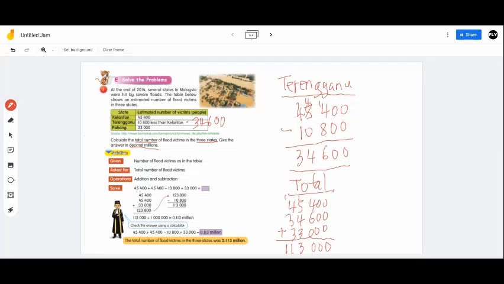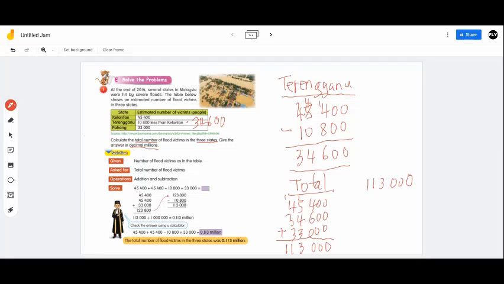Give the answer in decimal million. So you have to convert it to decimal million. How to convert this answer to decimal million? Where is the decimal point? If you can't see the decimal point, it will be at the back of the number.